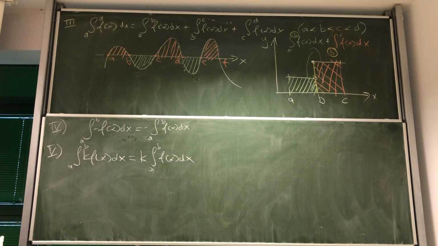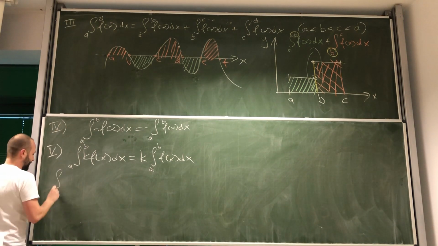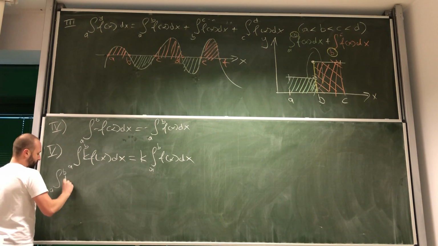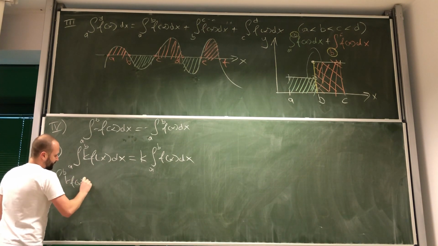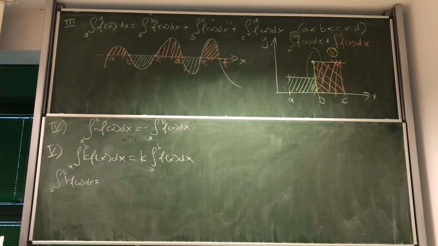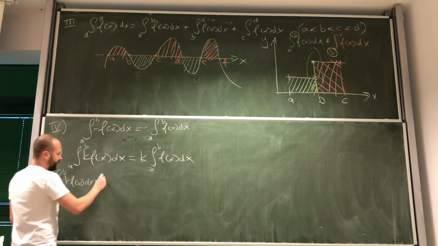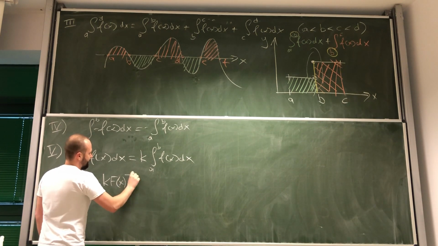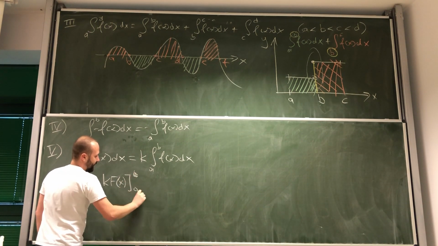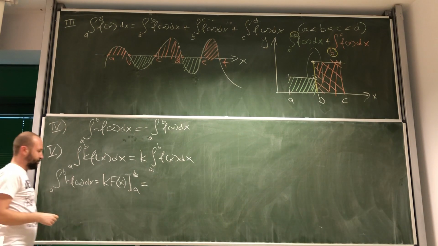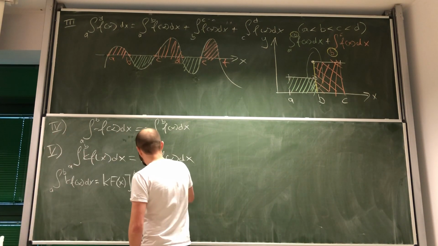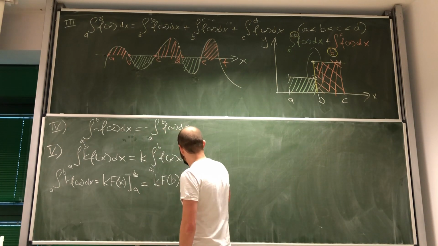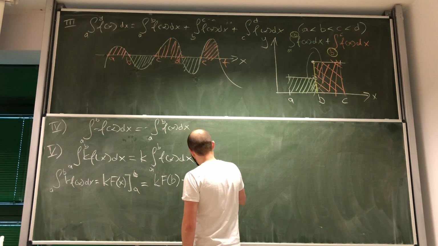Okay, how to prove it? Well, it's not that complicated. Look, taking what we know about indefinite integrals, what are we going to get over here? We're going to get k f of x from a to b. After substitution of appropriate letters, we're going to get k f of b minus k f of a.